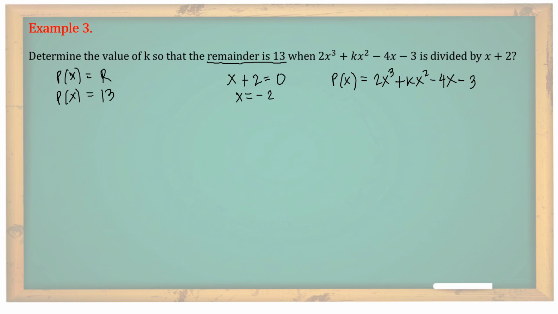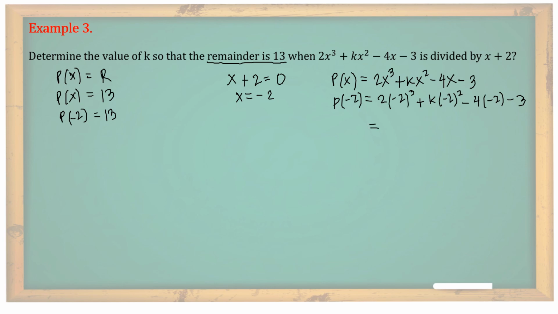So, we have here p of negative 2 is equal to 2 times negative 2 cube, plus k times negative 2 squared minus 4 times negative 2 minus 3. So i-substitute na natin siya dito, class, kasi ito ay magiging p of negative 2 equals 13.